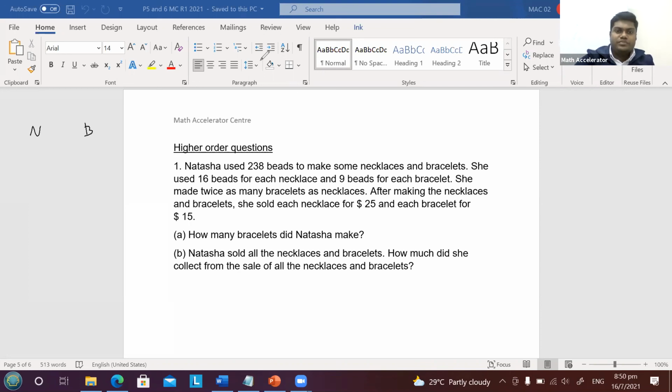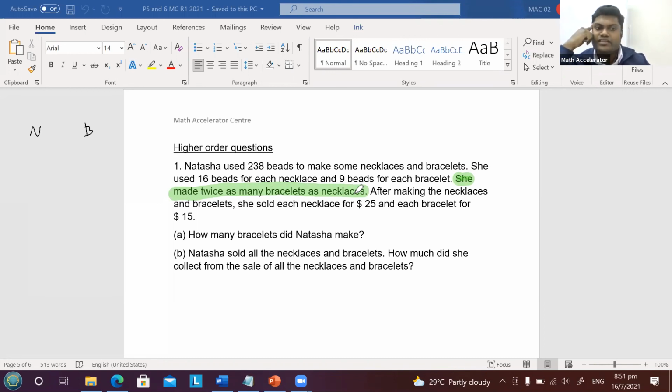Now this is the most important sentence. Please underline it. She made twice as many bracelets as necklaces. So now what is the minimum possible number of bracelets that Natasha could possibly have?